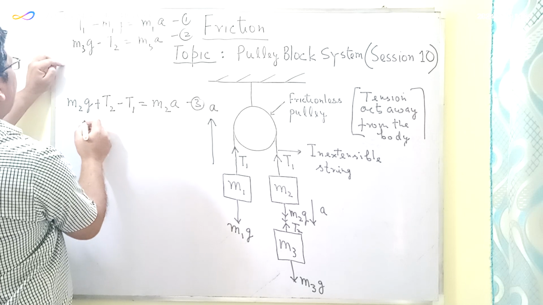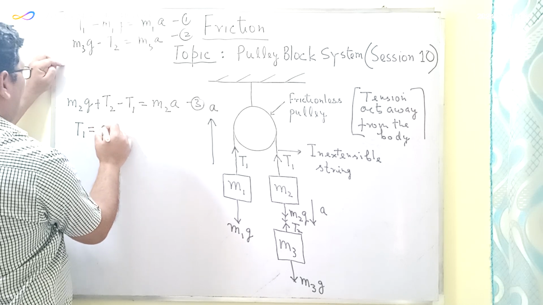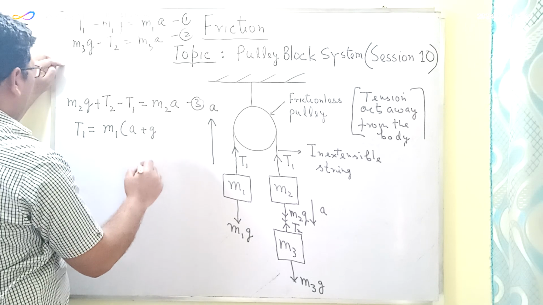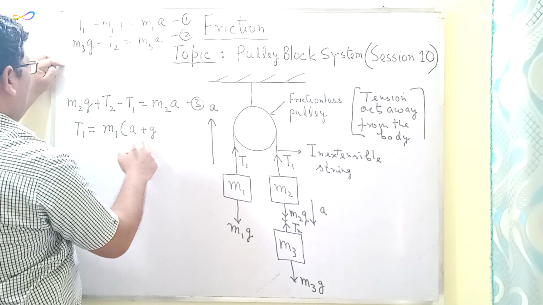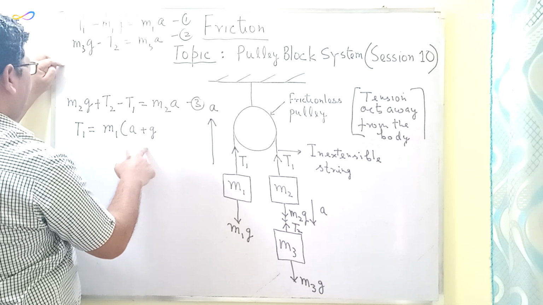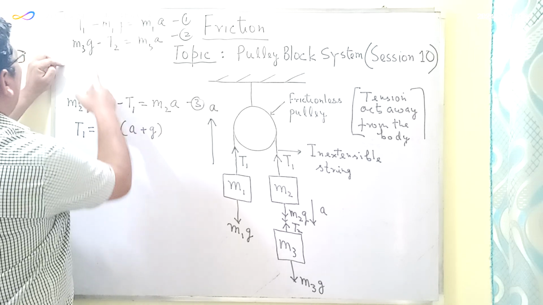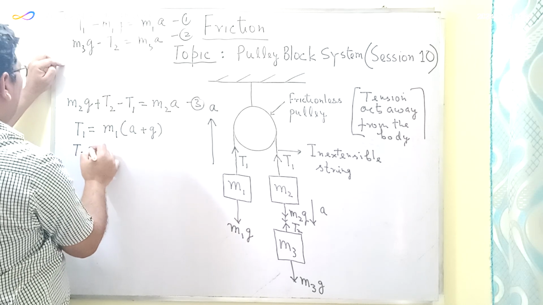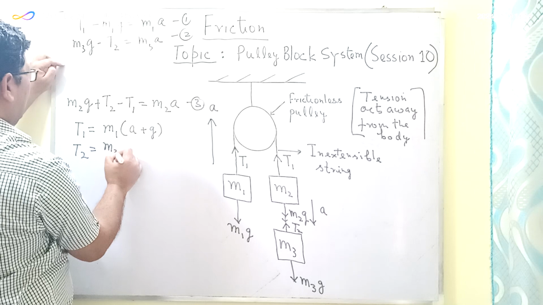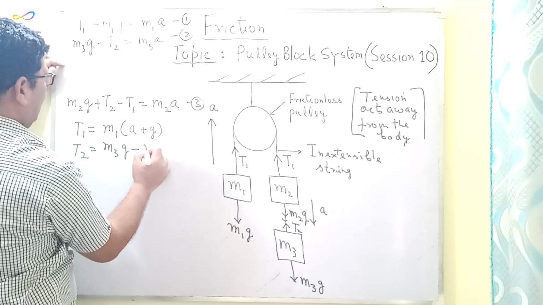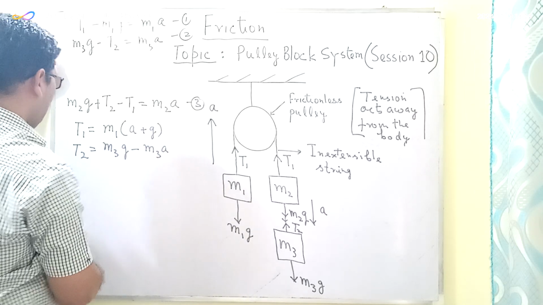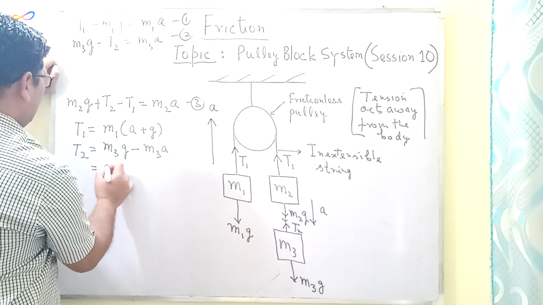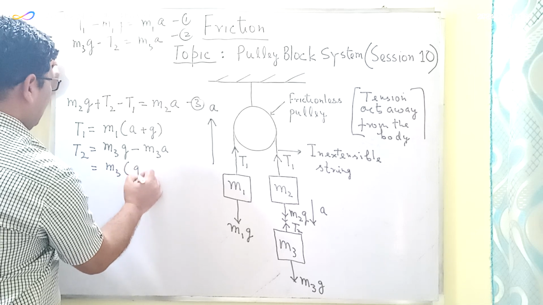From the first equation, T1 will be equal to m1 (a plus g), and from the second equation, T2 will be equal to m3g minus m3a, so this is equal to m3 (g minus a).